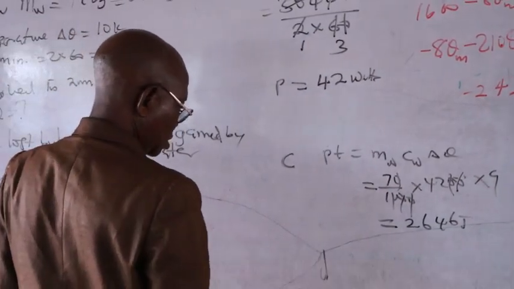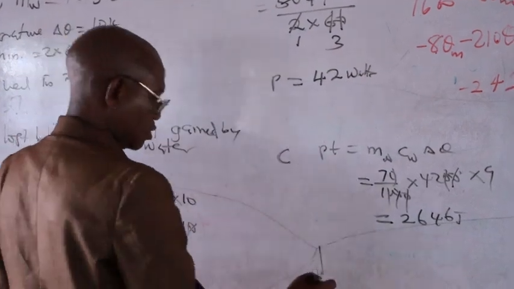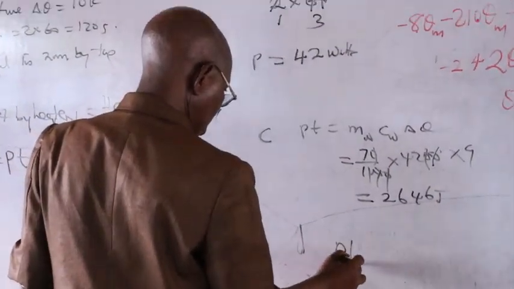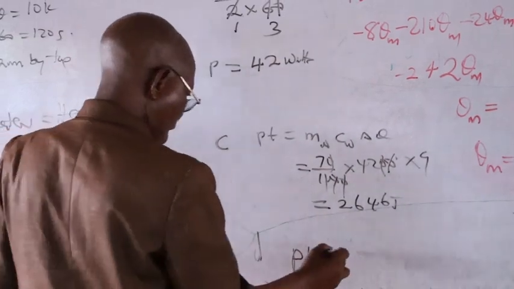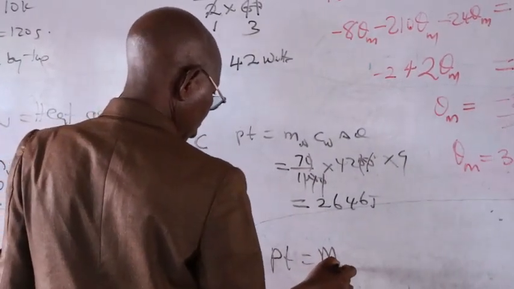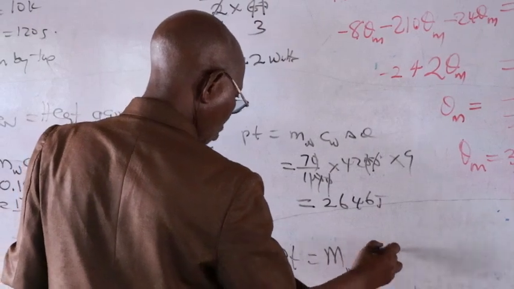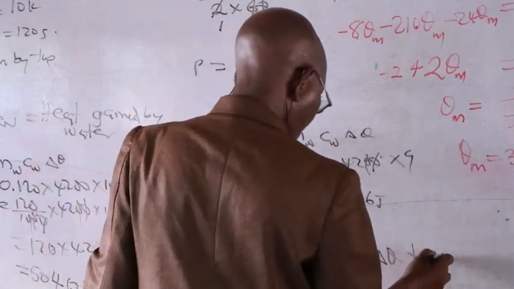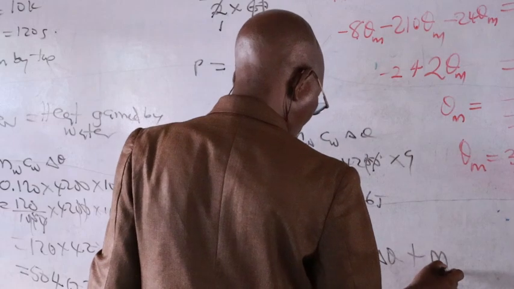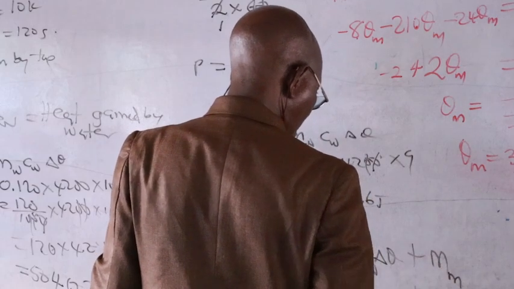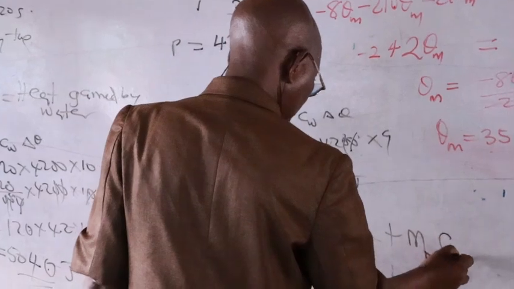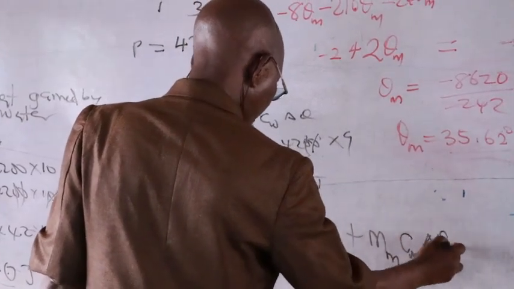You can simply say PT equals mass of water times the specific heat capacity of water times the change in temperature of water, plus mass of the metal container times the specific heat capacity of metal times the change in temperature of metal.